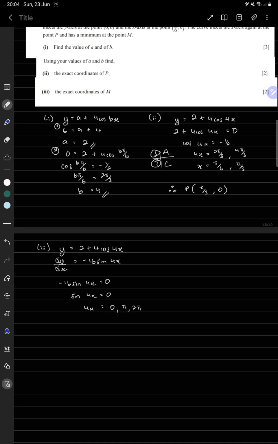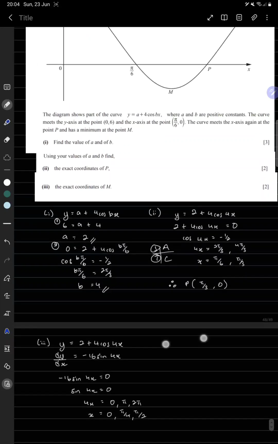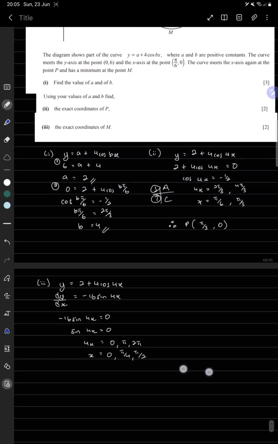Listing out the possibilities, now we can move the 4 to the other side. We'll get 0, pi over 4, and then pi over 2. Now to determine which one is M, we have to make sure it's between pi over 6 and pi over 3.